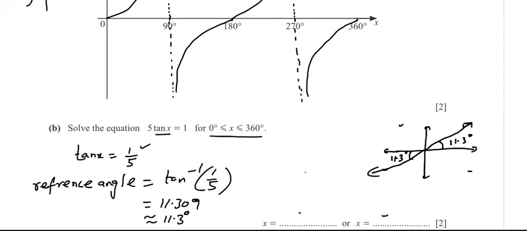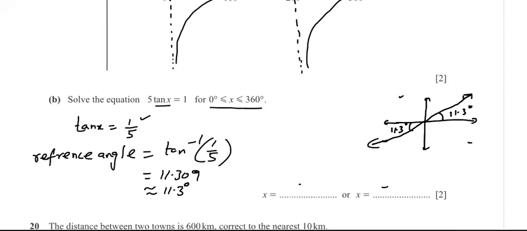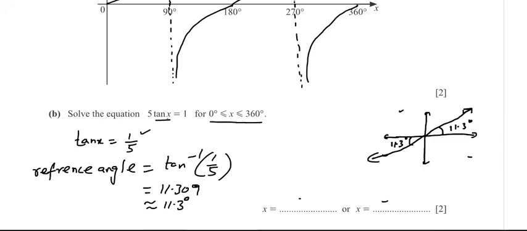I will mark this angle 11.3 degrees here and this angle 11.3 degrees here. Now the way to write it, if you have to find what your angle x is: in the first quadrant, your angle is equal to the reference angle, so it will be just 11.3 degrees.